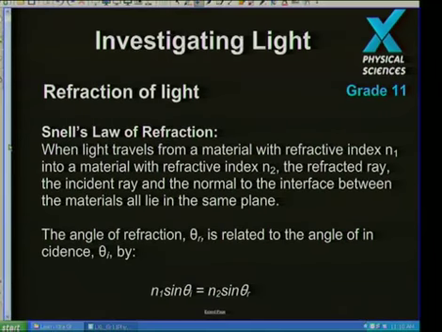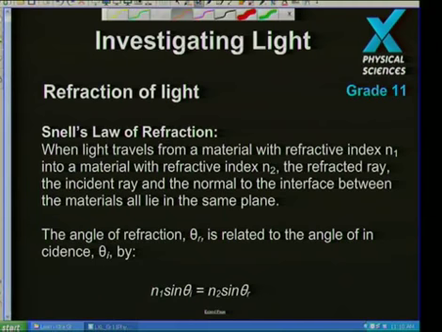Now, the next part of the theory is, say, if we do a practical investigation like this, then we'll be able to verify, measure the angles, measure exactly what's happening, and come up with the law of refraction. The law of refraction is also known as Snell's law. So there are two parts to it, very much the same as the law of reflection.